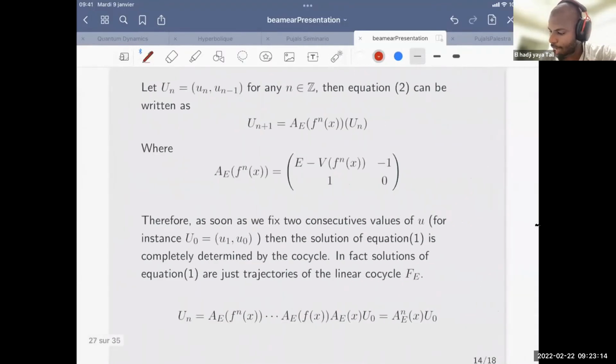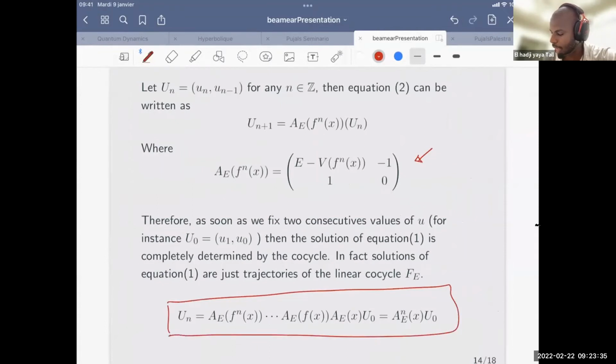You can call U_n to be (u_n, u_{n-1}). And so what I'm saying is that fix any initial condition u_1, u_0. So the solutions are just trajectories of the linear cocycle that is defined by A_n(x). It is written in this term, very clear. So U_n is A_n(x) applied to U_0.